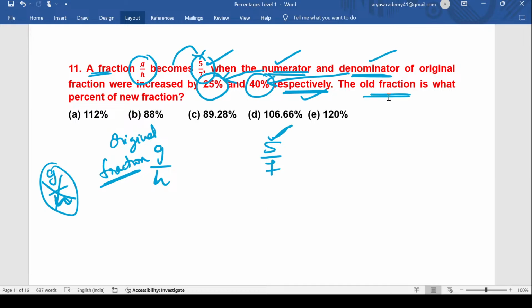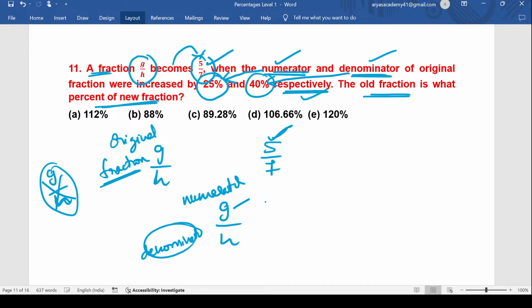The old fraction is what percentage of the new fraction? See, g by h. G is the numerator. Everybody knows this. The upper part of the fraction is called the numerator and the lower part is known as the denominator.